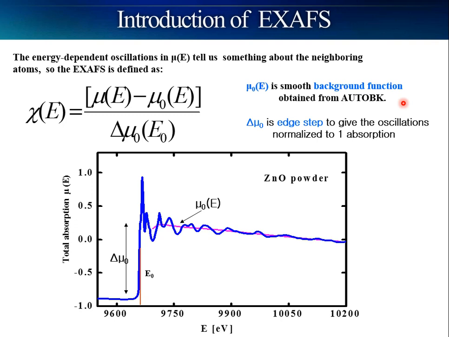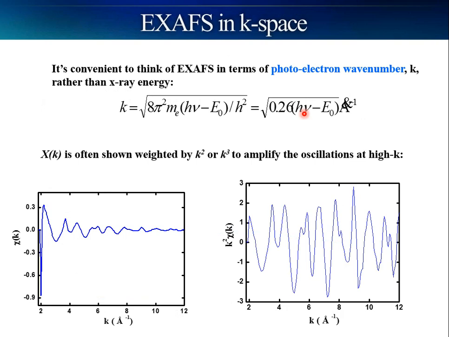The background function will be decided by the AUTOBK code, a part of IFEFFIT. Later, I will explain how to remove the background in detail. This is very important, alright? Okay. As I explained before, the EXAFS of energy is converted to EXAFS of k, which is the photoelectron wave number.